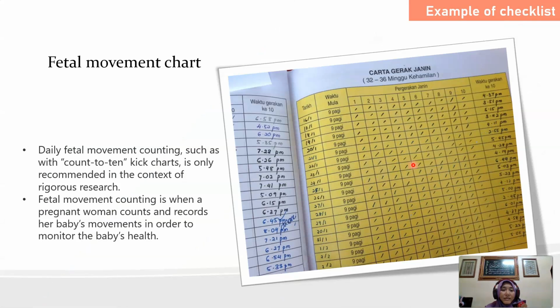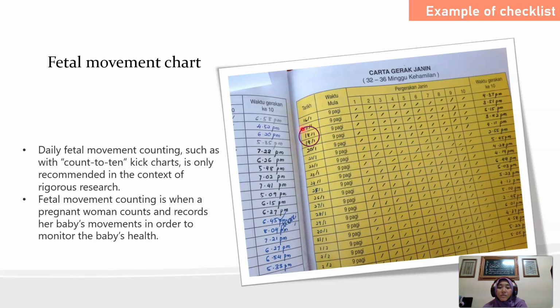And then this is the fetal movement chart. So this one is for what? To count the movement on the fetal kick chart. What is the purpose of this chart? It is to monitor the baby's health. So this is how it counts: the movement count to 10. So the date, the time, and the movement complete time.